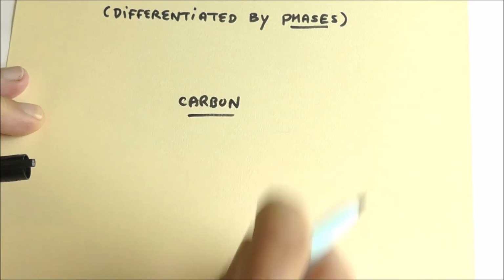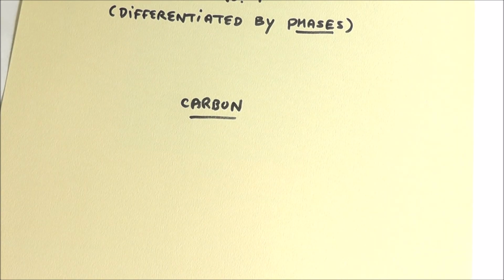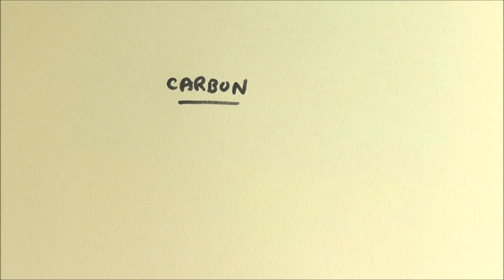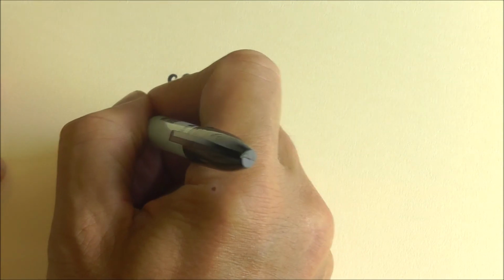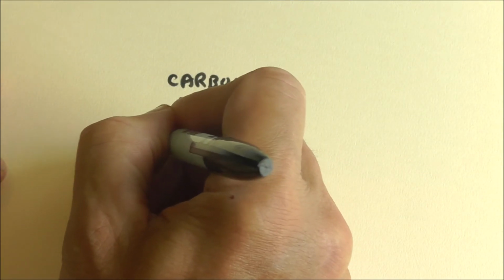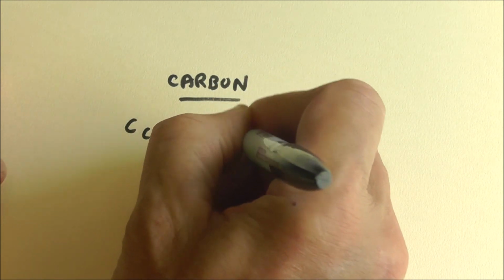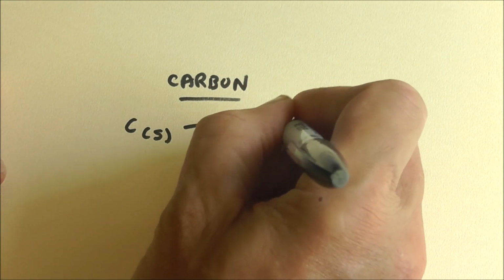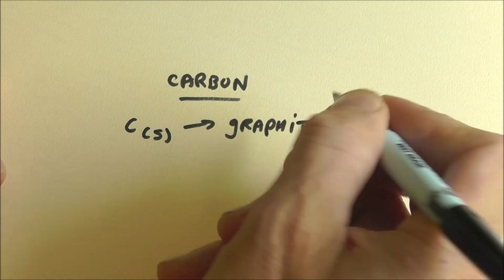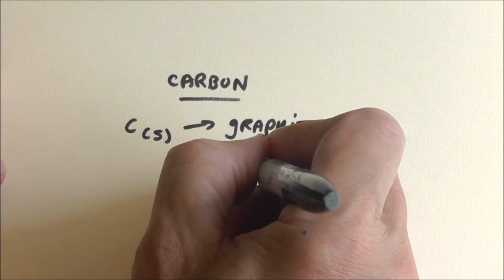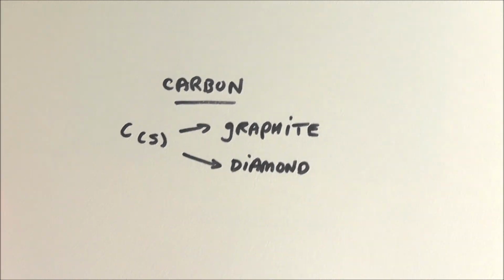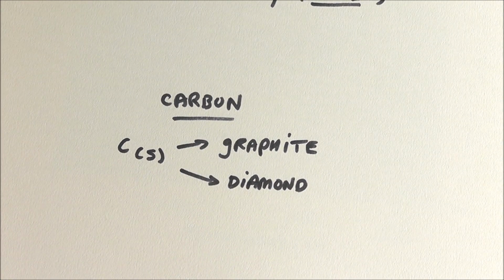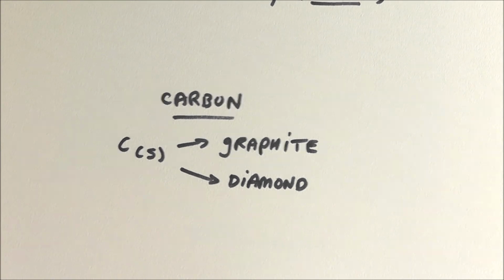I'm going to show you the phase diagram of carbon, but I first want to say that there are two forms of carbon solid. You got graphite, which we make pencils out of, and you got diamond. Both of those are carbon. You don't think of diamonds being carbon, but they are. So take a look at this phase diagram of carbon right now.